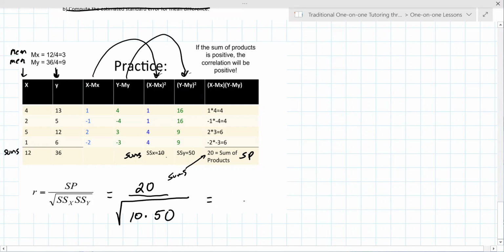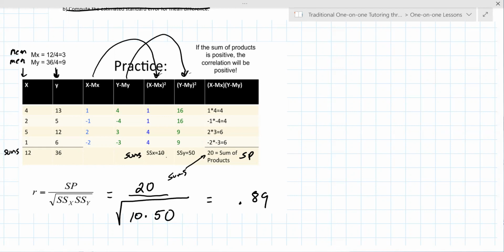And you get a number, like 0.889 when you do that. Okay, yeah, I got that.